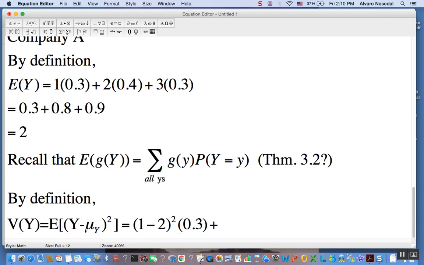Do the same for the next value. Okay, the next value is 2 minus its mean. The mean is 2, squared, times the probability of y being equal to 2, which is 0.4.